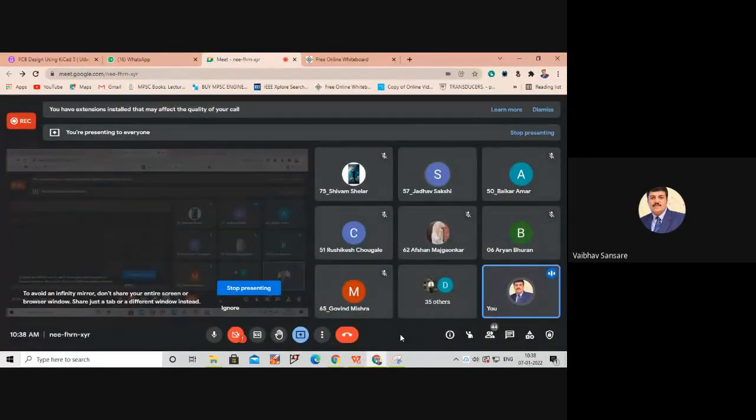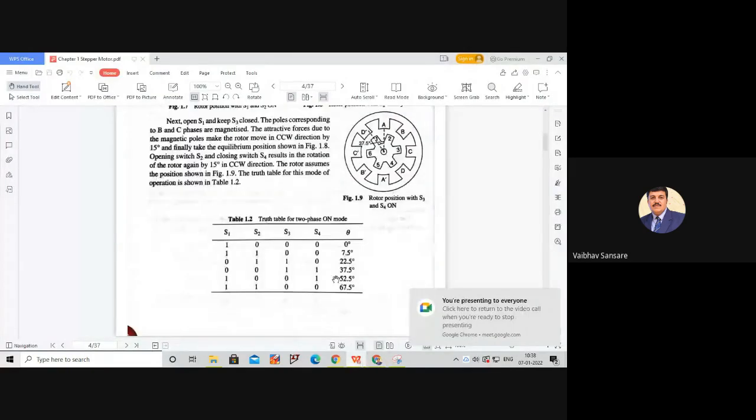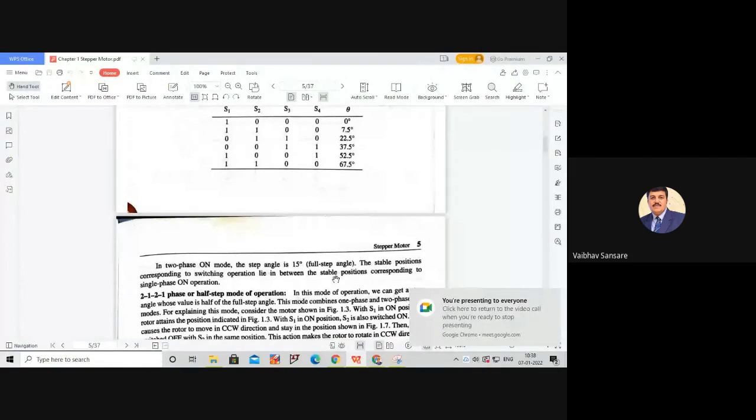Now the next one. The second possible operating mode of the rotor is the 2-1-2-1 phase, or half step, mode of operation. In two phase mode of operation, the step angle is 15 degrees itself. The stable positions corresponding to the switching operation lie between the stable positions corresponding to single phase on mode.